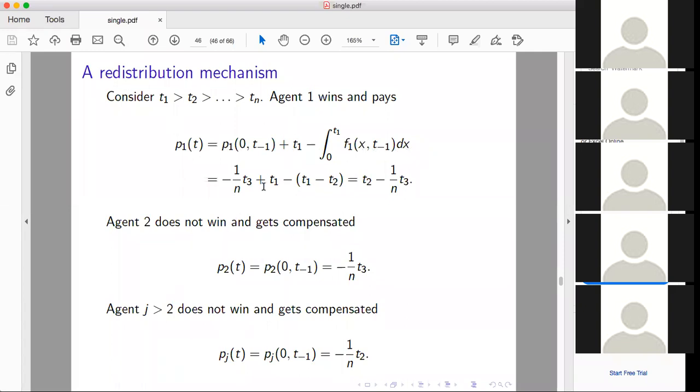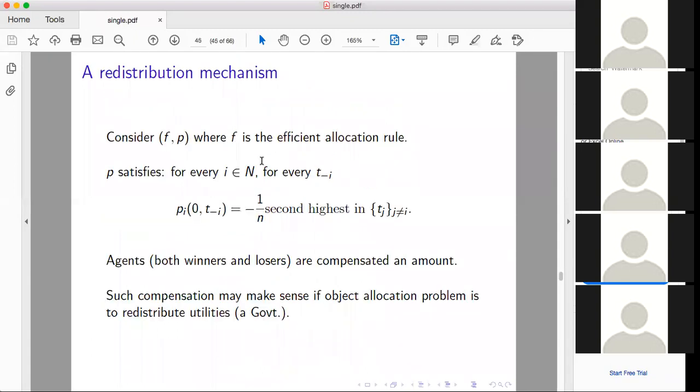But this cutoff point will then come out to be T2, because T2 is the lowest type at which agent 1 starts winning. So it's going to be P1 0 T minus 1 plus T2. But what is P1 0 T minus 1? P1 0 T minus 1 is minus 1 over n times the second highest in Tj.